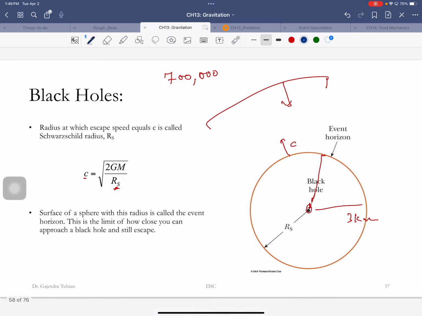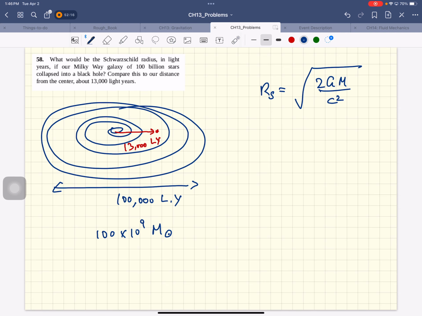Okay, so there's the Schwarzschild radius. What this formula is saying is if you want to turn this mass into a black hole, you got to squeeze it within this radius. At that radius, the escape velocity is the speed of light. So that's where that formula comes from.